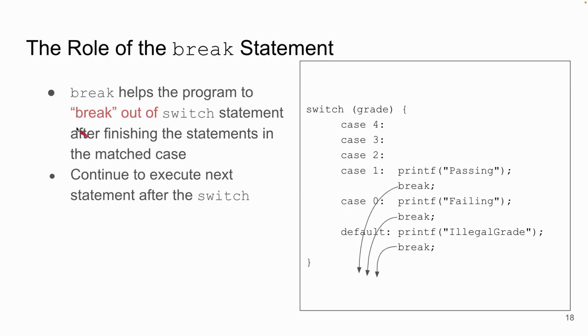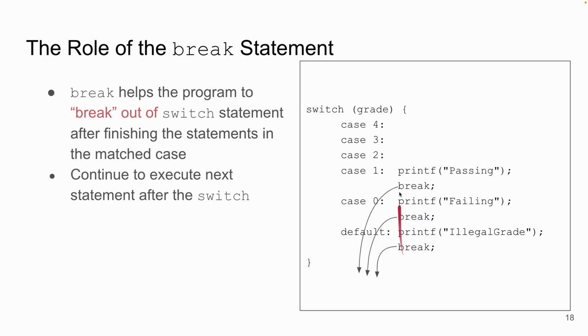The function of break is to break out of the switch, like I wrote here. So it will jump from this line to the first line right after the switch statement. It is the same for the other break here.